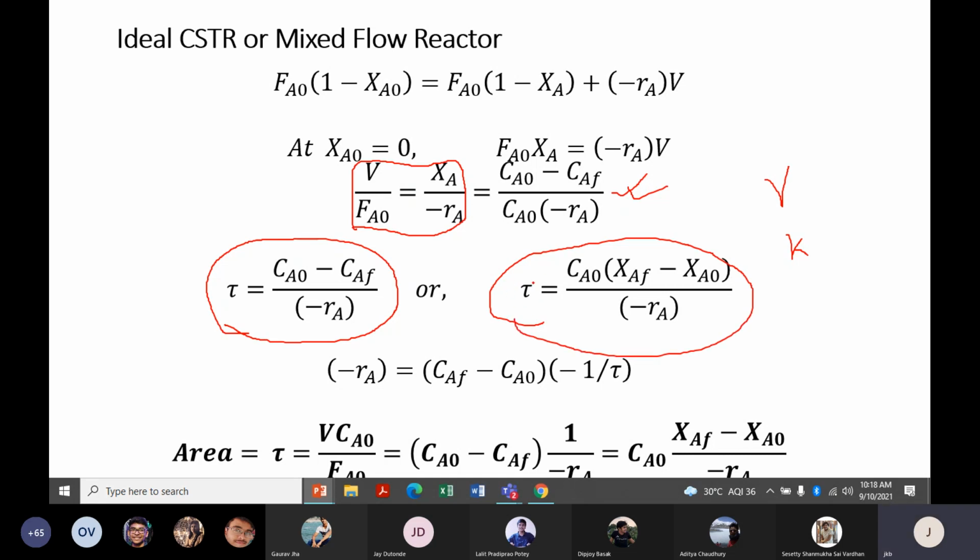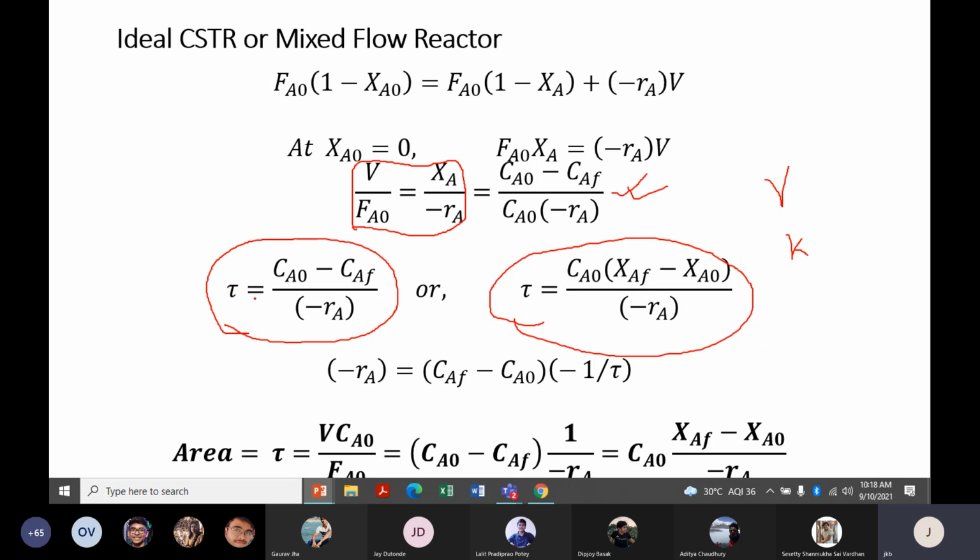And what is tau? Tau is the space time, and this is also called the design equation for finding reactor volume. Inside tau, volume is there. Tau is the ratio of volume and volumetric flow rate.